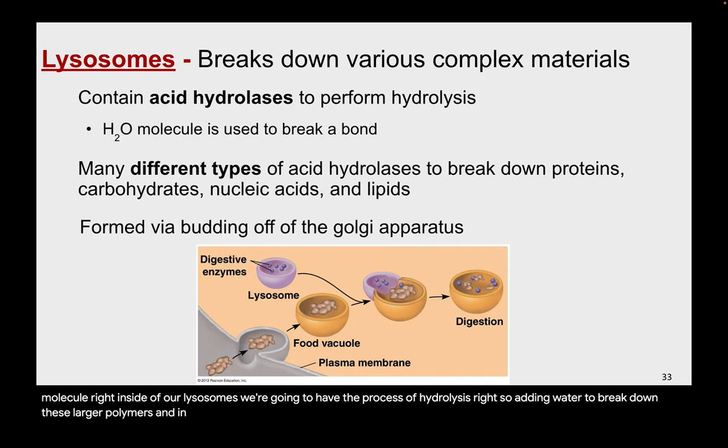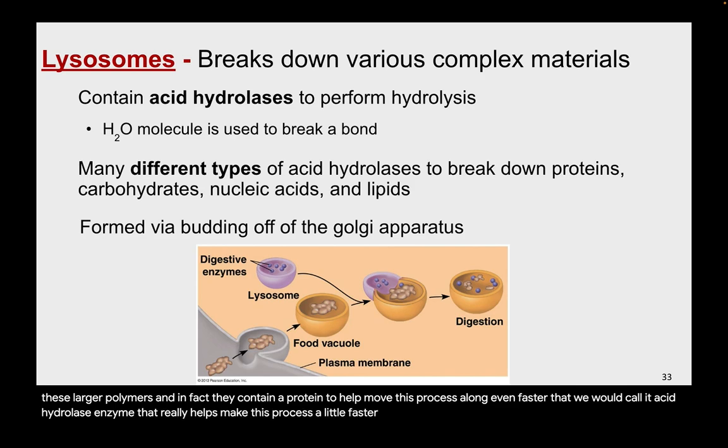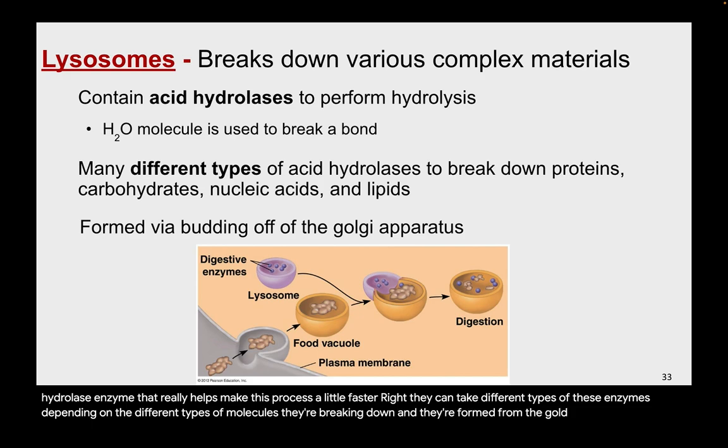And in fact, they contain a protein to help move this process along even faster that we would call an acid hydrolase. It's an enzyme that really helps make this process a little faster. The lysosomes contain different types of these enzymes depending on the different types of molecules they're breaking down. And they're formed from the Golgi apparatus.